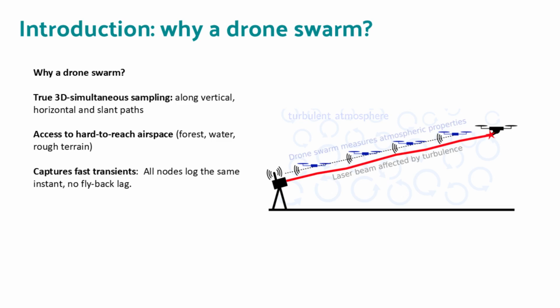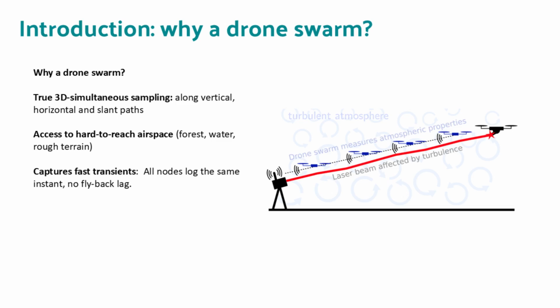This means that a laser beam usually travels horizontally or often over a valley. And the atmospheric conditions are typically measured using one or two weather stations placed either at the laser or at the target. And the data from these stations are then assumed to represent the entire path of the laser beam.